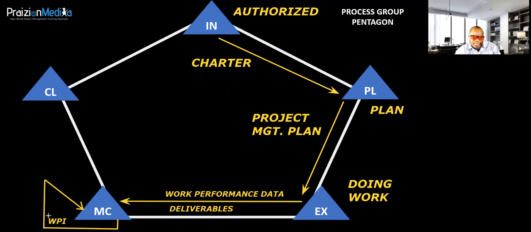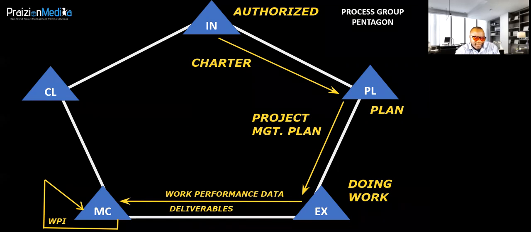Why are you only 30% done? The answer may need some analysis. You get what I'm saying? So that work performance data is going to be analyzed in monitoring and controlling. From that, we're going to get work performance information that goes back into another process in monitoring and controlling. And then as an output, we're going to get work performance report.